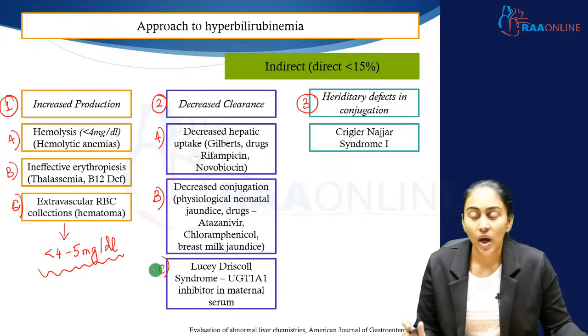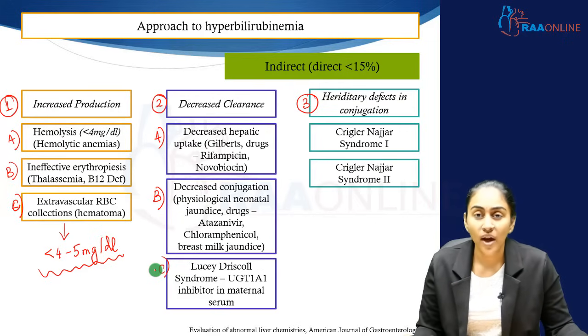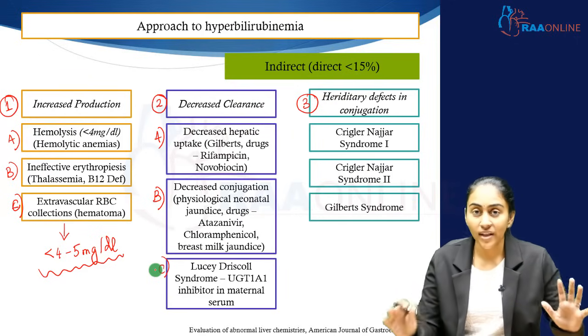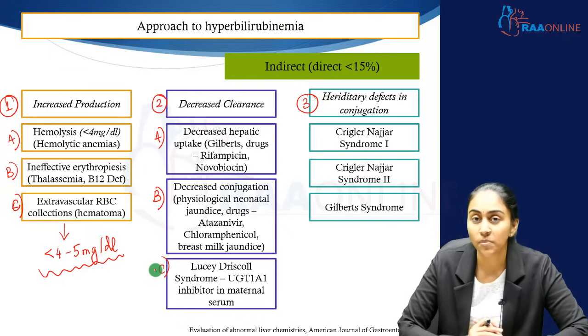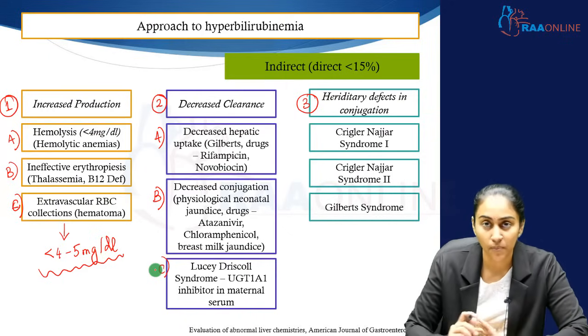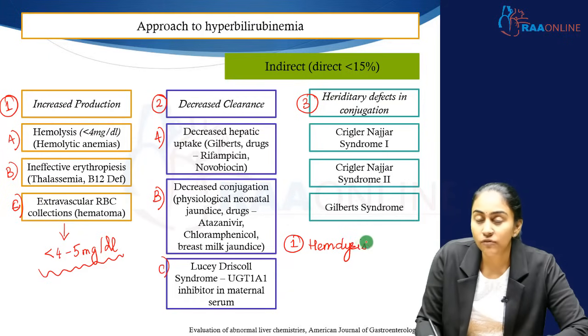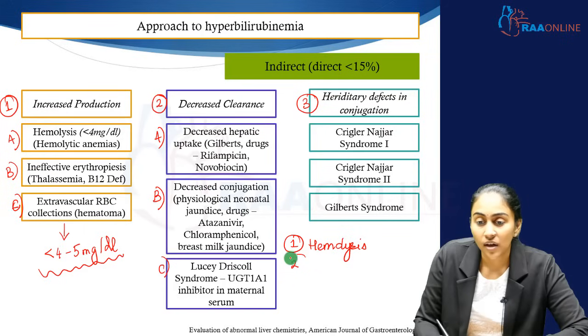And then finally, you have hereditary defects in conjugation. Under this head, we have three important syndromes: Crigler-Najjar syndrome 1 and 2, and Gilbert syndrome. Before we look at the syndromes, I would like you all to remember that whenever you have a patient with an indirect hyperbilirubinemia, you will think of, one, hemolysis, which could be in the form of a hemolytic anemia, or an acquired hemolysis like malaria.